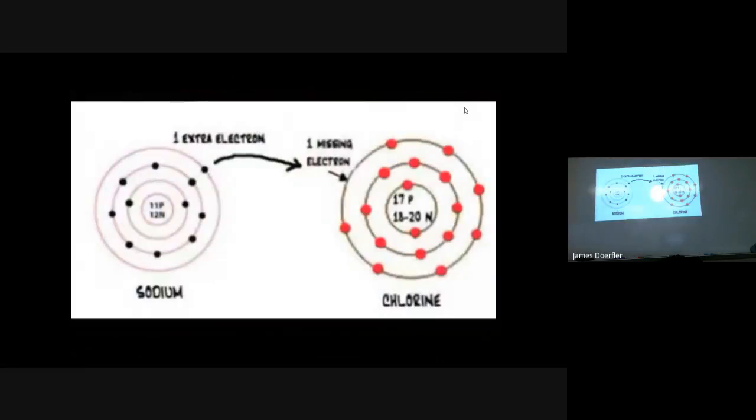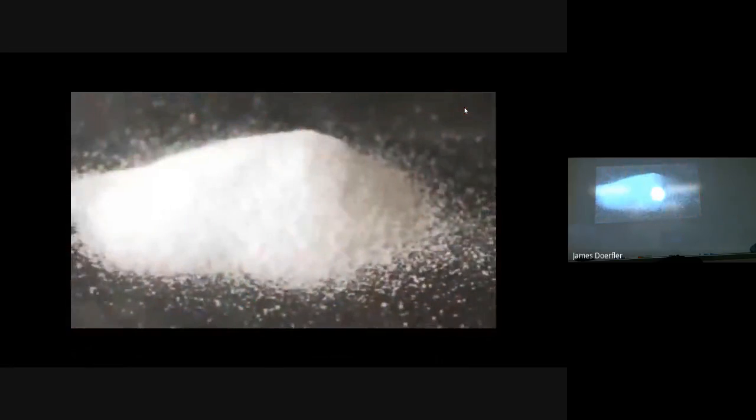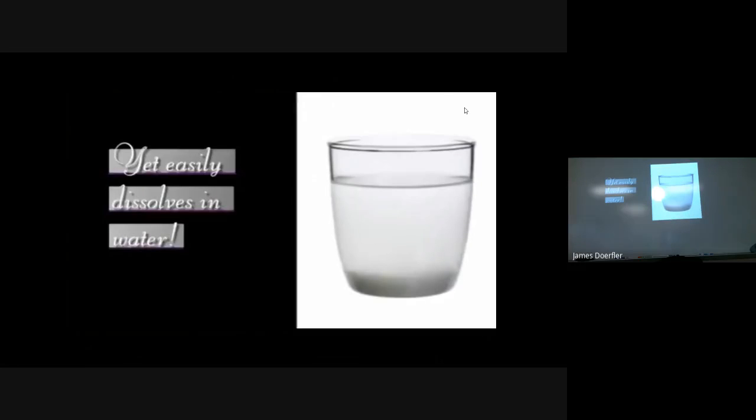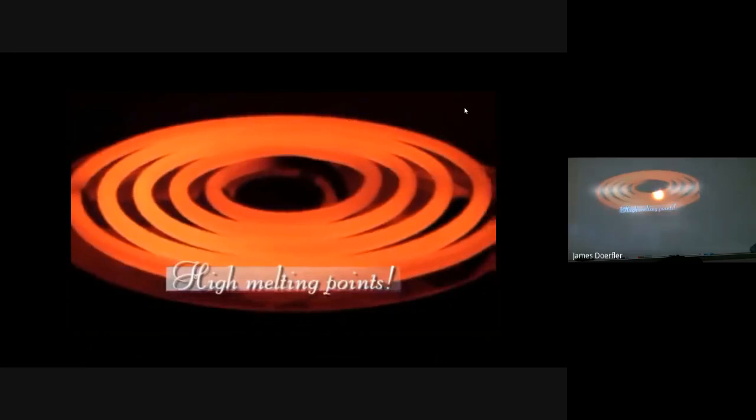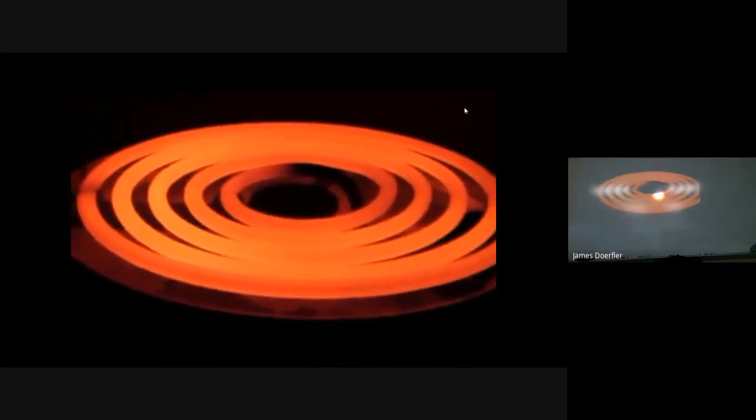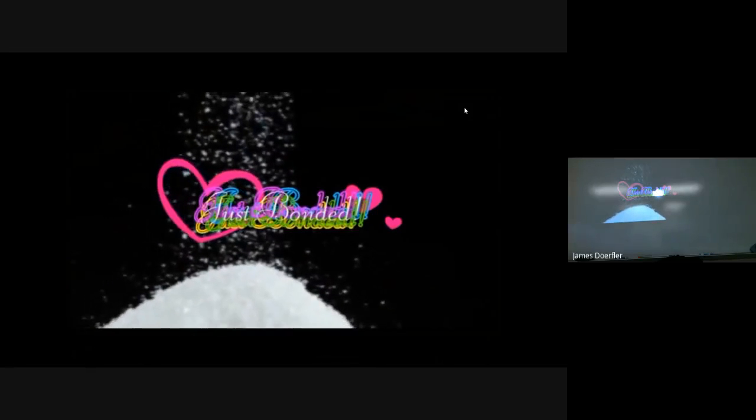Till this one day when the metal met the other, the electron transferred to the halogen. Both of them got charged and were attracted. That's the way they became ionic bonds.